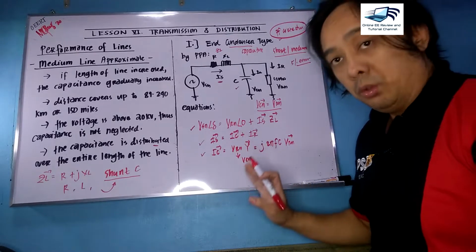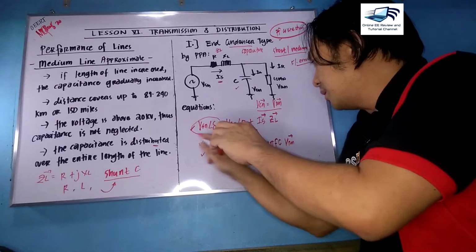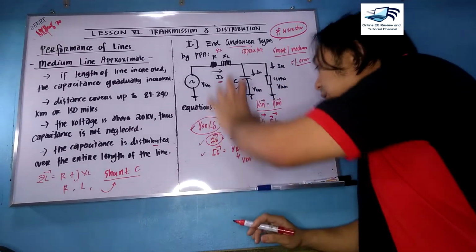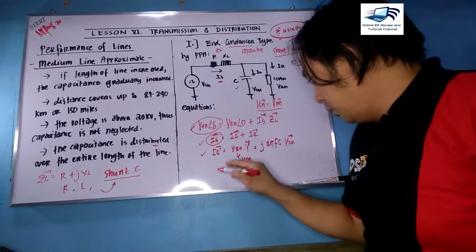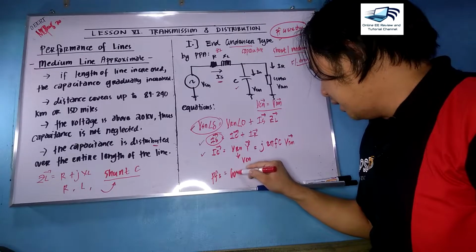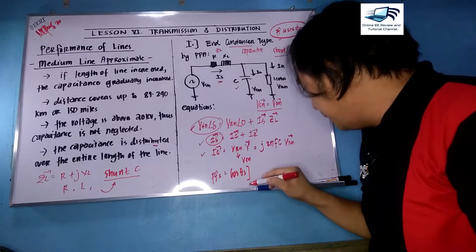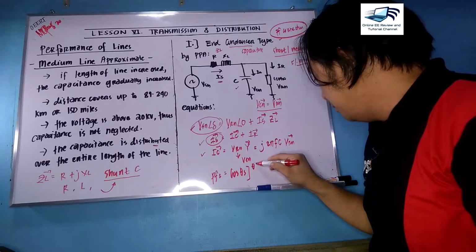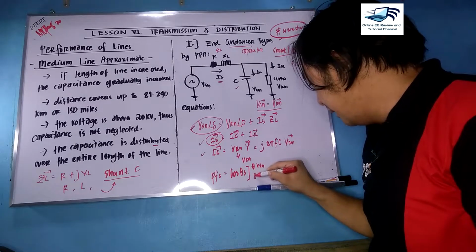If you already know your VS and your IS from the circuit here, you can now get the power factor at the sending end by taking the cosine of the angle at the sending end, which depends on the angle of your VSN and the angle of your IS.